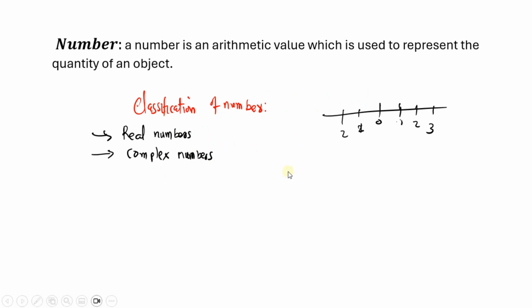We'll go into details on the various types of real numbers that we have. The next thing to do is talk about the next set under real numbers. Real numbers, you can also call it the real number system.